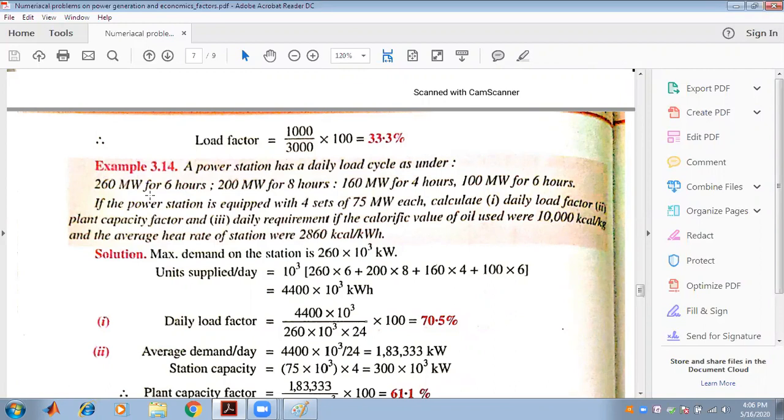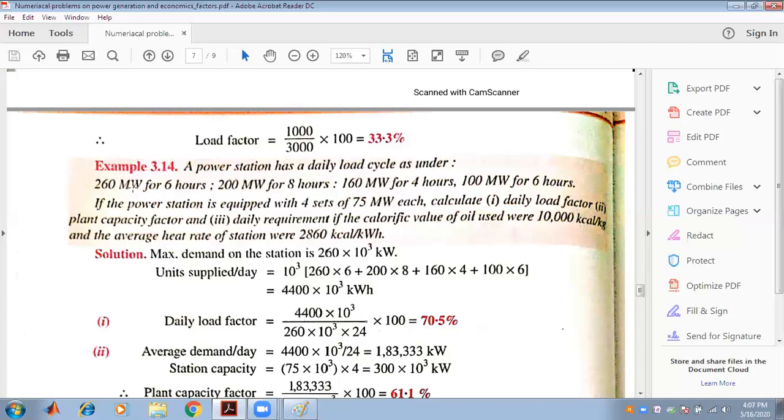oil, if the calorific value of oil used were 10,000 kilocalorie per kg, and the average heat rate of the station were 2860 kilocalorie per kilowatt hour. So our first is the daily load factor. Daily load factor can be found from the total generation of units supplied per day.